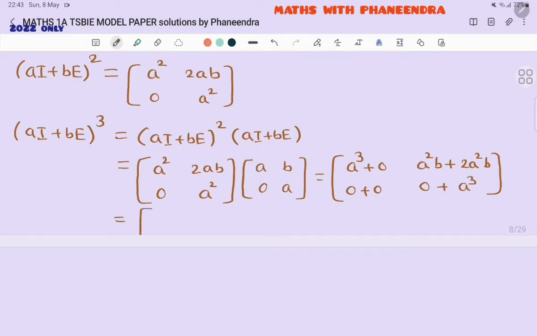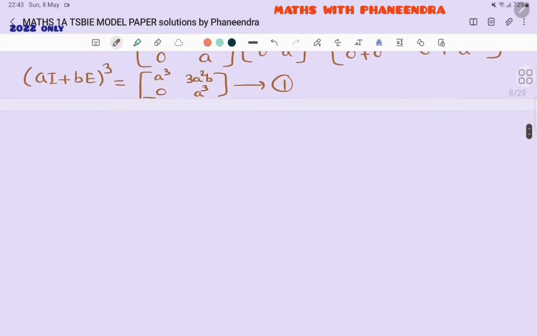So A cube, 3A square B, 0, A cube. This is equation number 1, (AI plus BE) whole cube.